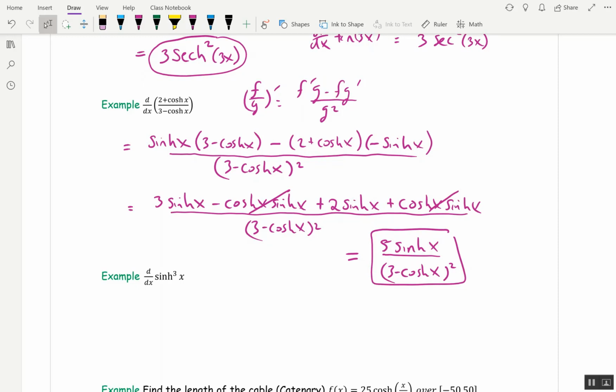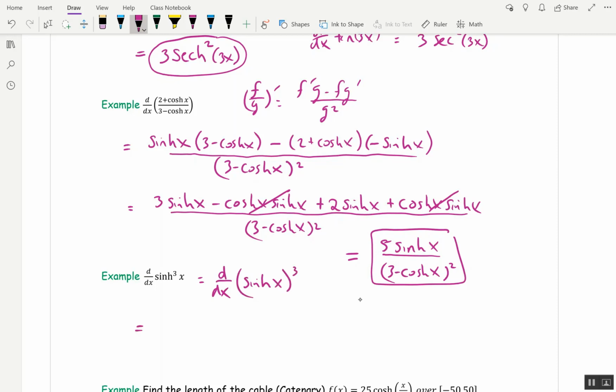Just like when you take the derivative of powers of trig functions, when I'm taking the derivative of a power of a hyperbolic function, I rewrite it. So I would rewrite this as d by dx of (sinh x) all cubed.